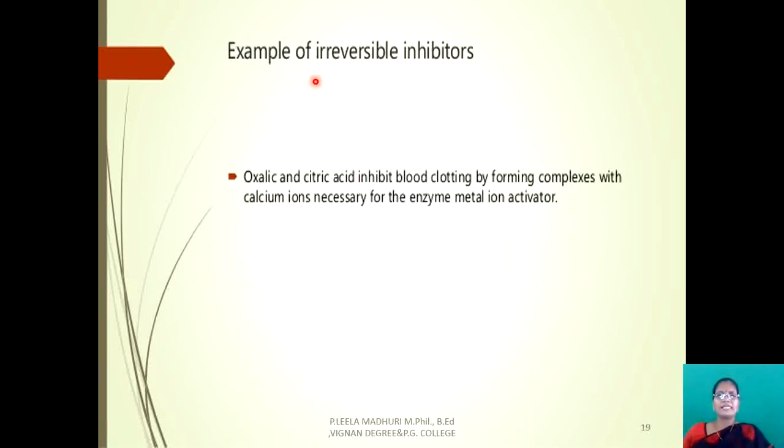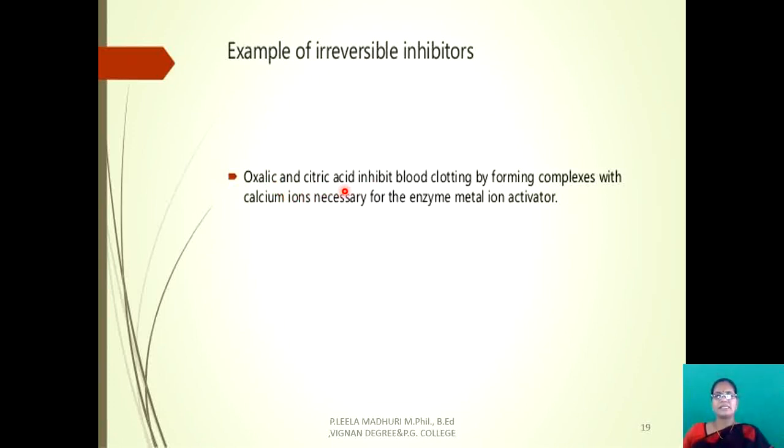Coming to the examples of irreversible inhibitors, oxalic acid and citric acid inhibit blood clotting by forming complexes with calcium ions necessary for the enzyme, the metal ion activator. The best examples of irreversible inhibitors are oxalic acid and citric acid.